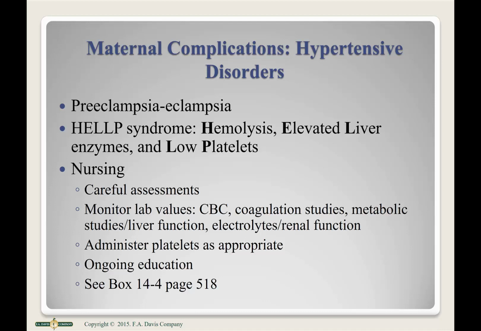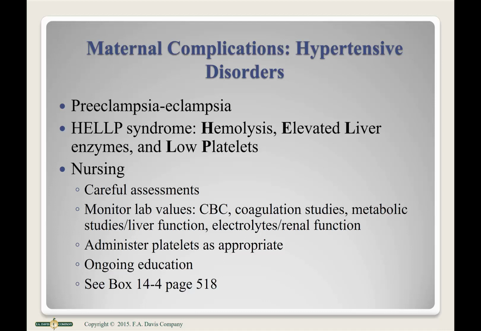Okay, and then low platelets. As we start having this vascular damage and those platelets are trying to attend to that vascular damage, we're just going to start using up our platelets. So that's what this syndrome is called. This is a very severe form of preeclampsia, and patients need to be delivered right away if they develop this. So we are going to be monitoring for this with all of our preeclamptic patients. Now, I haven't defined preeclampsia yet for you, and I will do that in a moment.